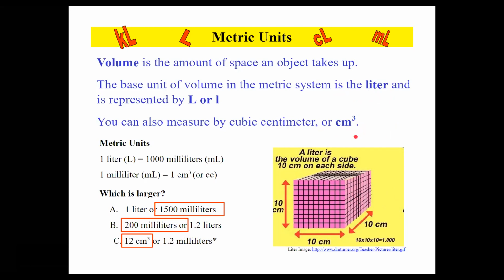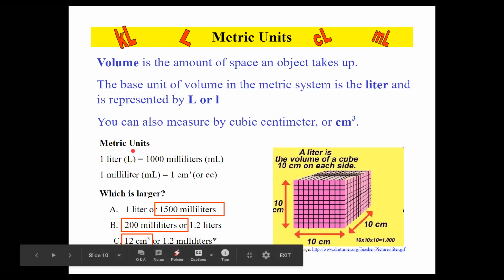So just like in our mass and our length, we have liter as the base unit, and then we can go smaller down to our milliliters. We usually don't go up to kiloliters; just standard convention in science says liter is usually about as much as you need to describe.